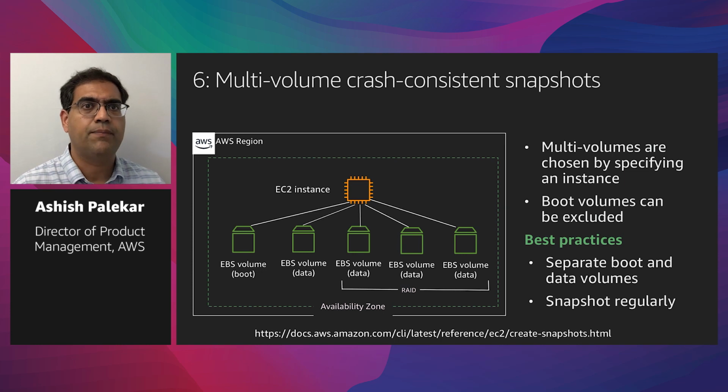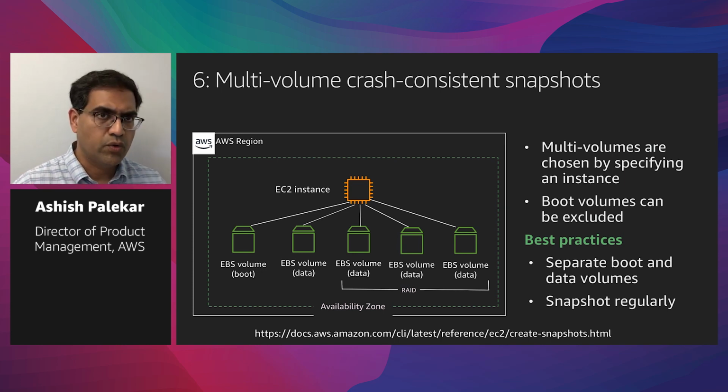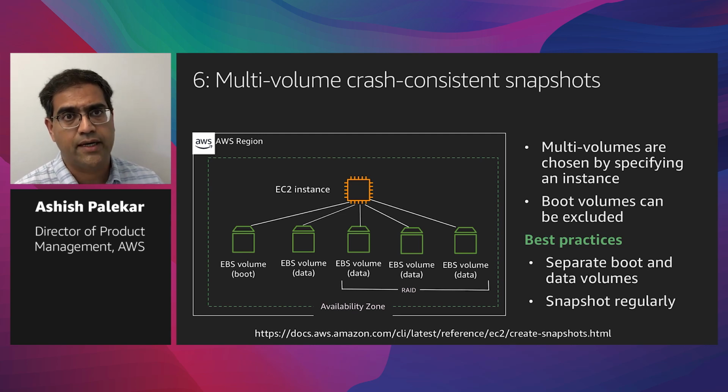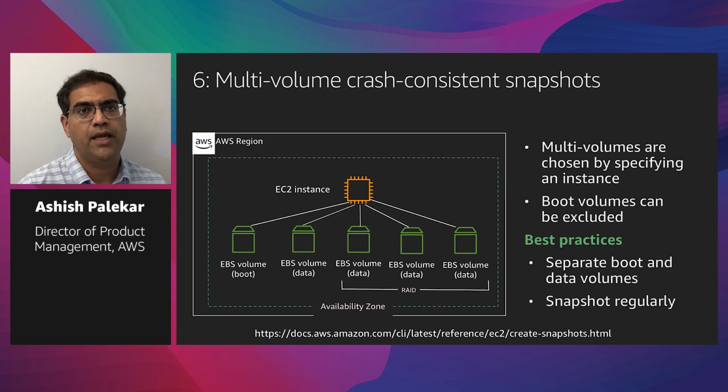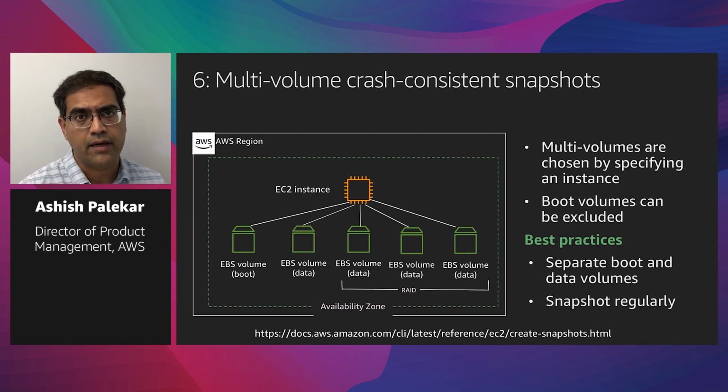And by separating your boot from your data volume, you can choose whether you only want your data volume snapshotted or whether you want all of the volumes that are attached to an instance snapshotted. Again, solving a major pain point for our customers by allowing you with a single API call to take a crash consistent snapshot cut of multiple volumes attached to an EC2 instance.